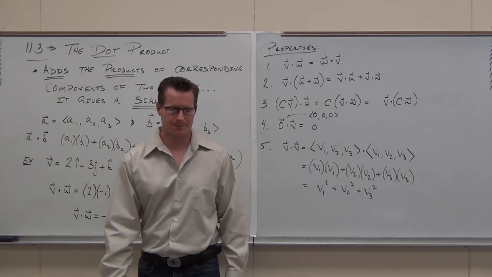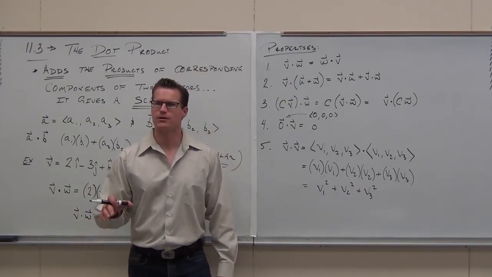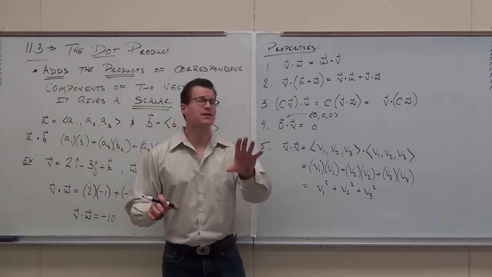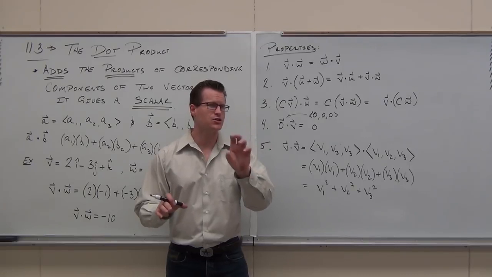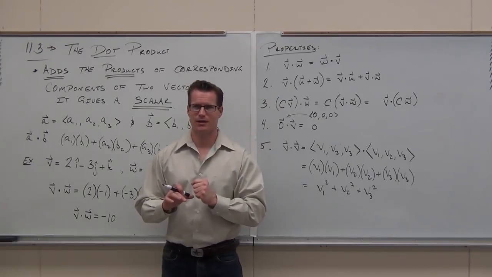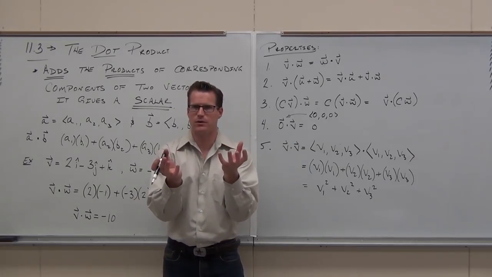Awesome. But there's more than that. In fact, this looks real familiar. If I asked you to find the magnitude of V1, could you do it? Explain to me quickly how you find the magnitude of V1. What do you do? Square root.